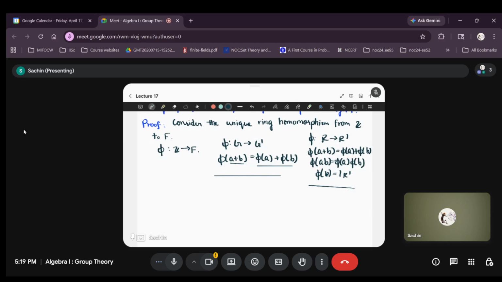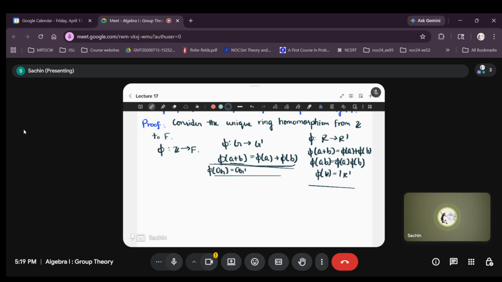What about the additive identity? Phi of 0 in R is equal to 0 in R prime. This condition itself will force phi of 0 in G to be equal to 0 in G prime. So we don't write that separately, but it is true. It is forced simply by phi of a plus b is equal to phi of a plus phi of b.